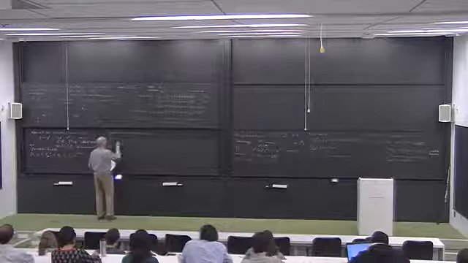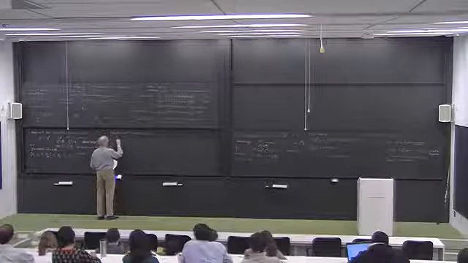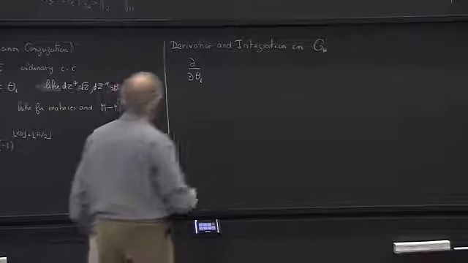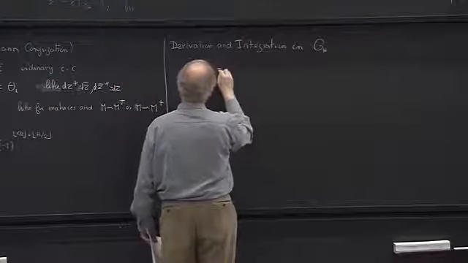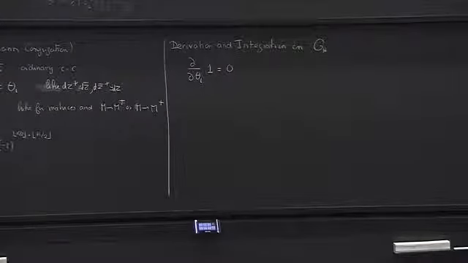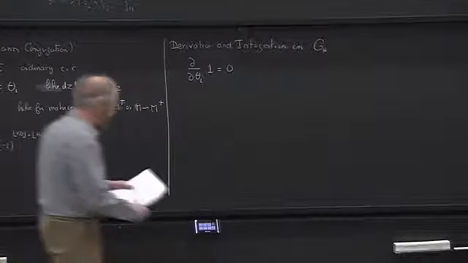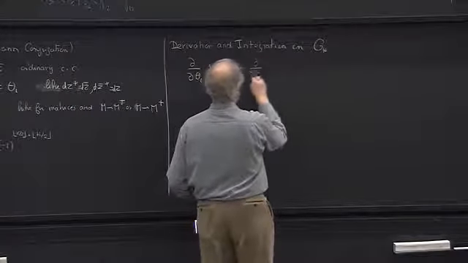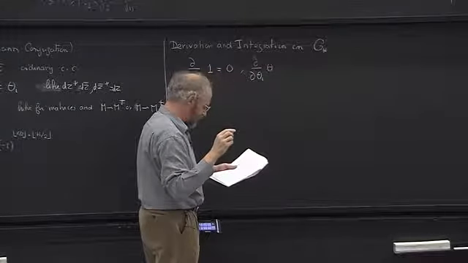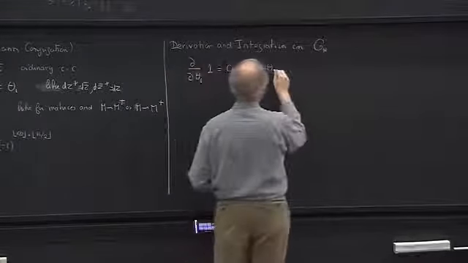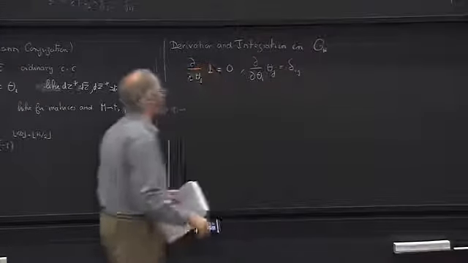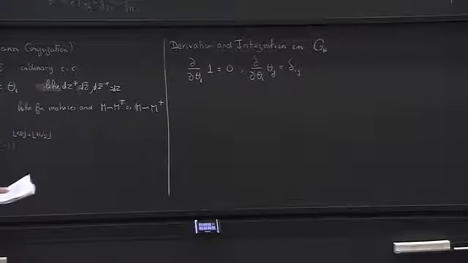Okay. So, how is the derivation defined? I define a derivation in the standard way by saying that if I take the derivation with respect to theta of a complex number, this is 0. And if I take a derivative of theta I with respect to theta I, this will be 1. And in general, I will say that this is 0 if theta g is different from theta I. Okay?